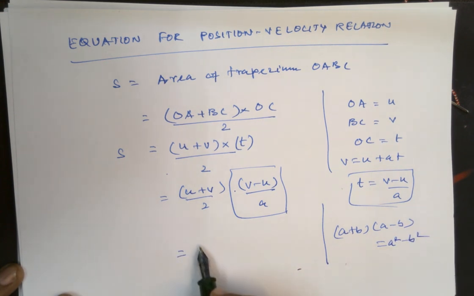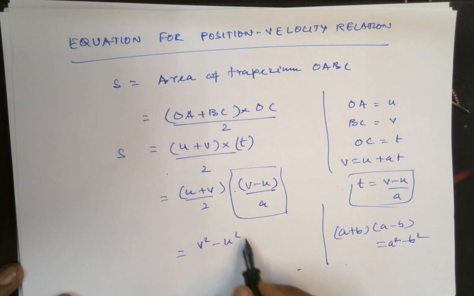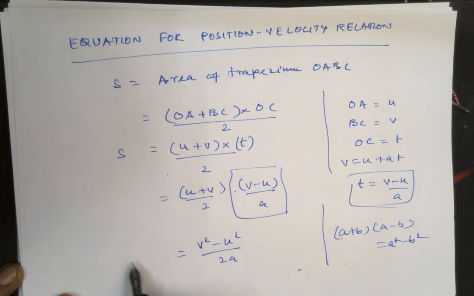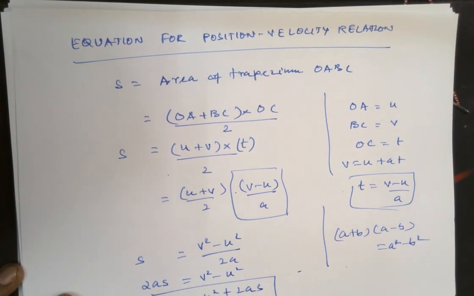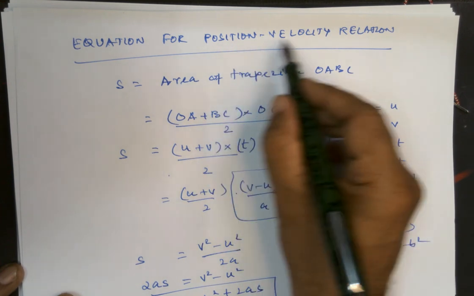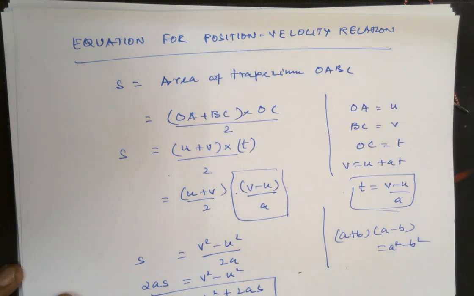Therefore V squared minus U squared divided by 2A is S. So 2AS is equal to V squared minus U squared. Therefore V squared is equal to U squared plus 2AS. So this is the equation of position velocity relation.